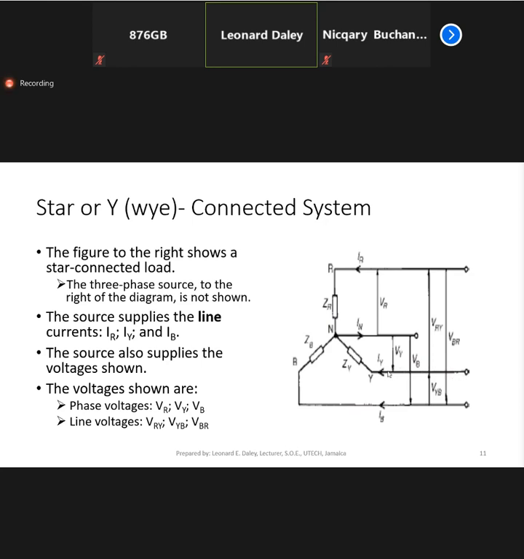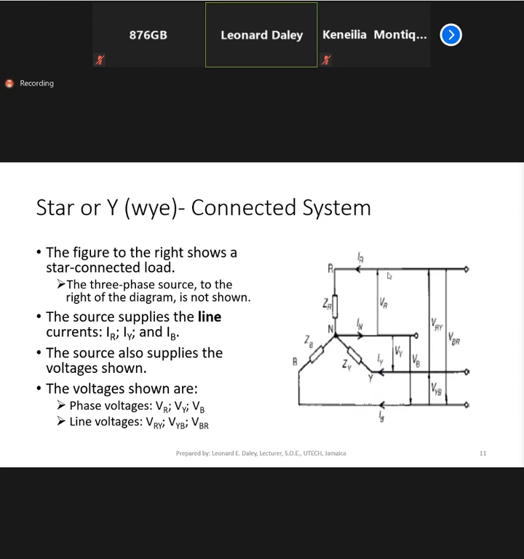You have IY also coming from the source to the load, and IB coming from the source to the load. Then you have the neutral conductor, and you see the current arrow pointing away from the load, which means it is going back towards the source. So the line currents are IR, IY, and IB.